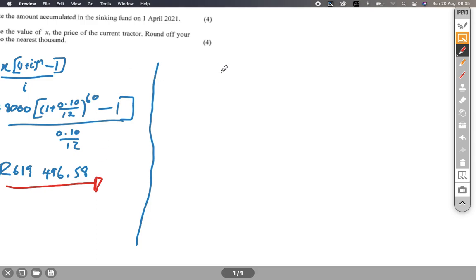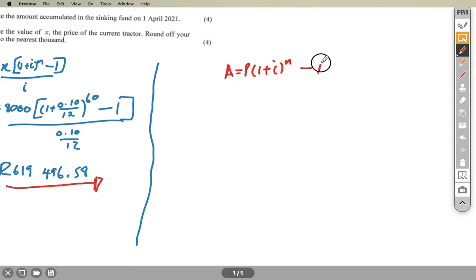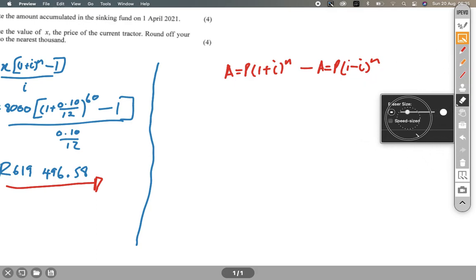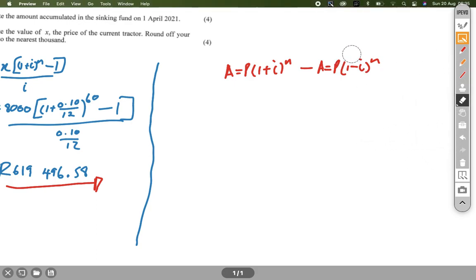So now remember, when you're trying to get the price of the tractor after 5 years, this is what we would do.